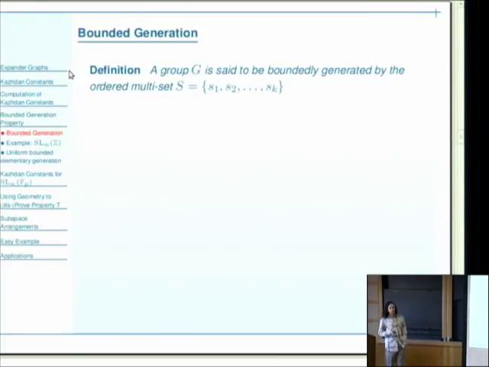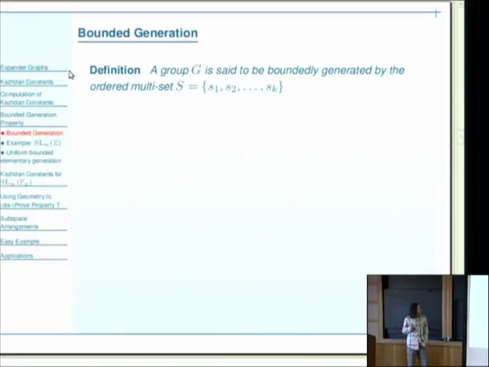Okay, so what is bounded generation? There are many ways to say it. What I'm going to do here is cheat a little bit. I have a group, and I'm going to fix a generating set, but it's not just a set. It's an ordered multiset, so I allow repetition. I just list some elements in the group in some order.